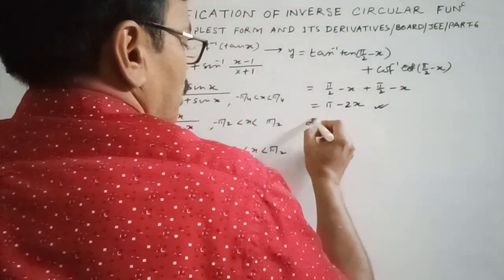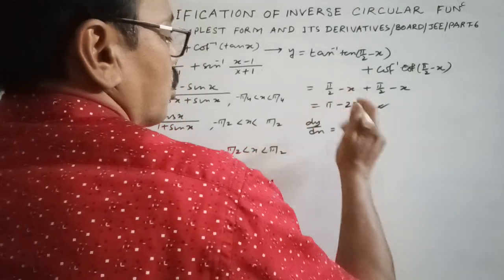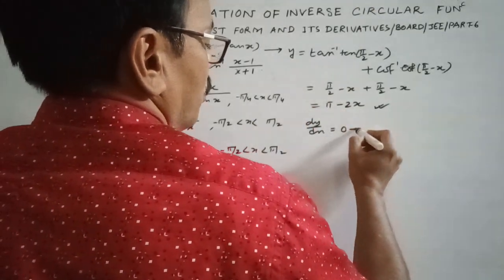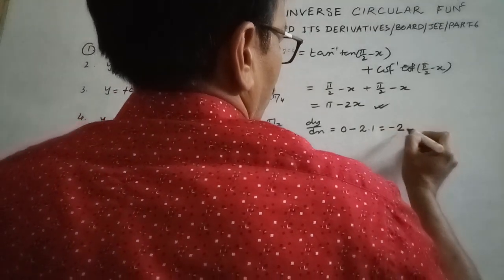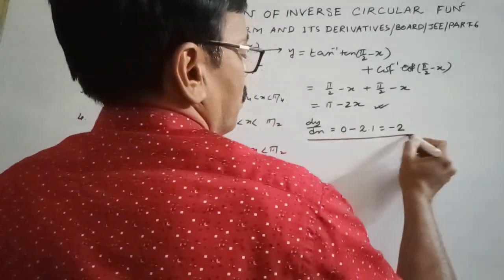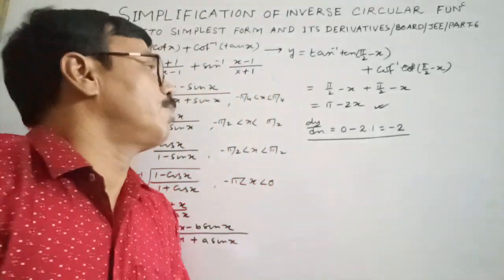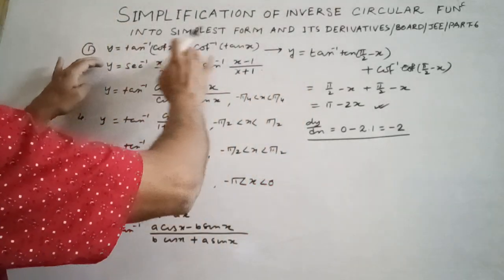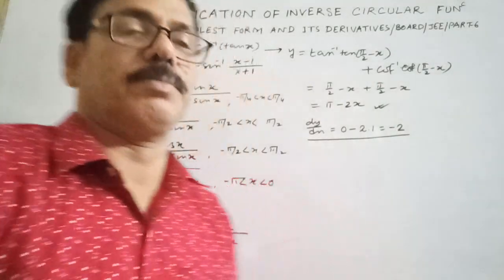Now then find derivative. So what is dy dx? So derivative of pi, this is constant 0, so 0 minus 2 into 1, that is minus 2. So derivative is minus 2. So simplify the inverse trigonometric function if possible, then perform derivative.